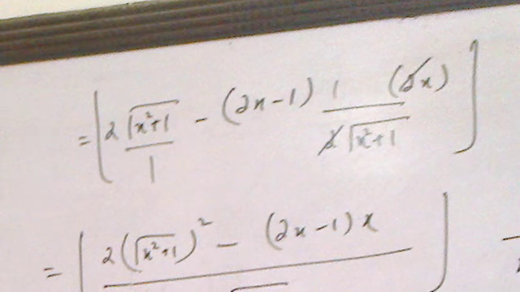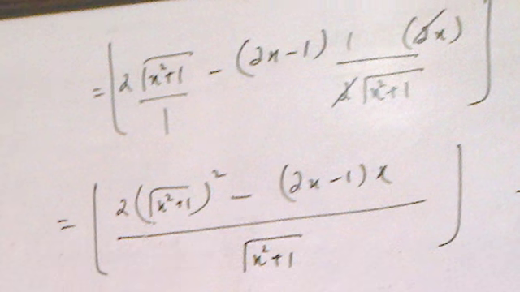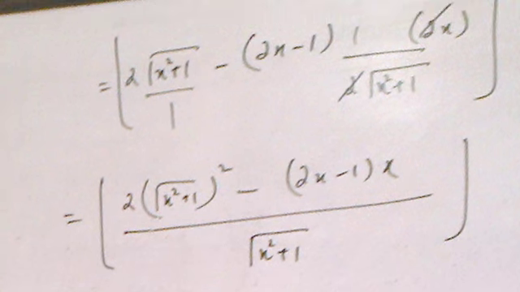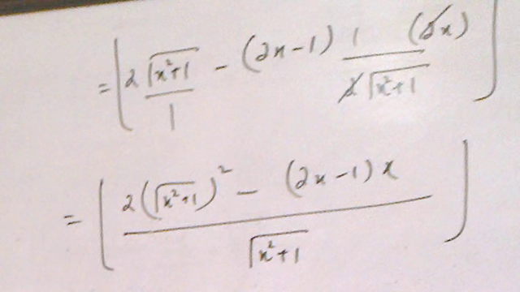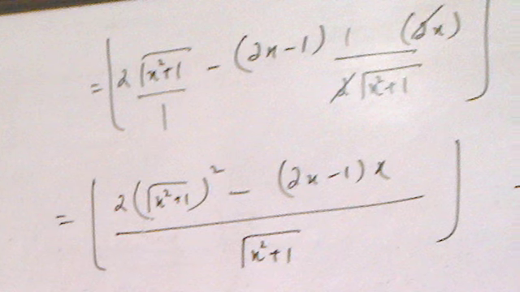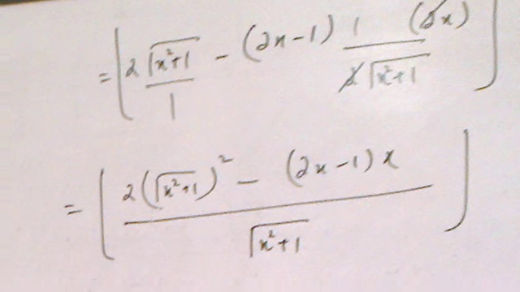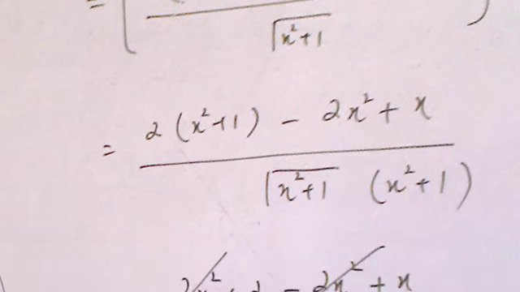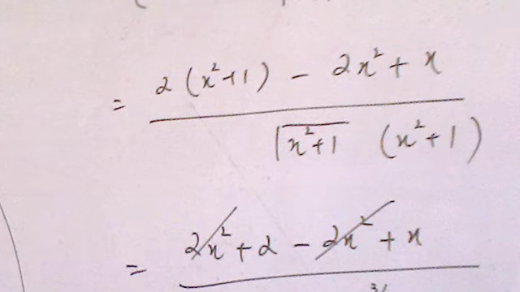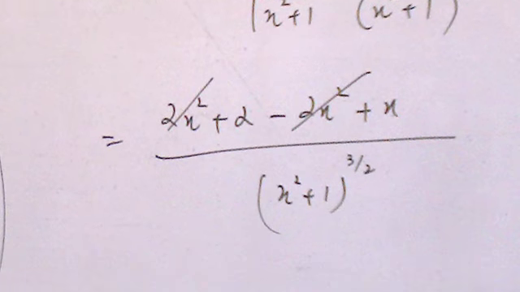Now we arrange these values and then take the LCM. LCM is square root of x square plus 1, multiplied with the first value, it becomes whole square, and then we simplify these values, and this is the answer.